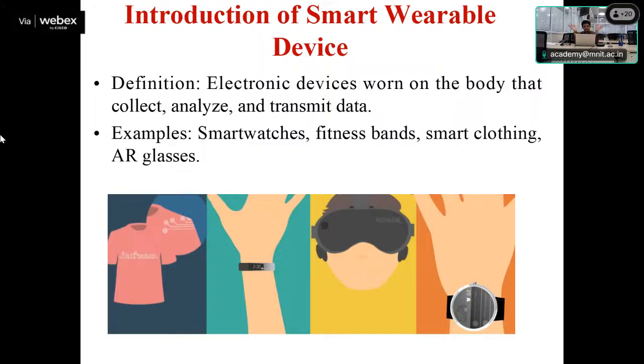Smart watches and fitness trackers capture most of the market in smart wearable technology. Smart clothing is also evolving, which can help us get ECG images and even vital parameters like heart rate.